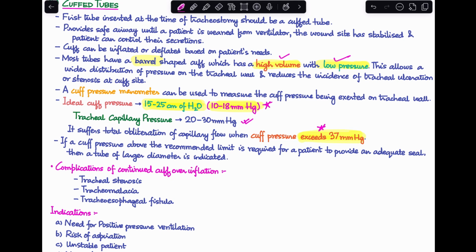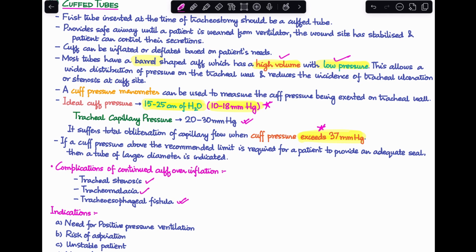We need to know what is the ideal cuff pressure and what is the cuff pressure that we should never exceed. So, if you end up exceeding the recommended limit for a prolonged period of time, that will lead to a lot of complications because of the continued cuff overinflation, like tracheal stenosis, tracheomalacia, and tracheoesophageal fistula.